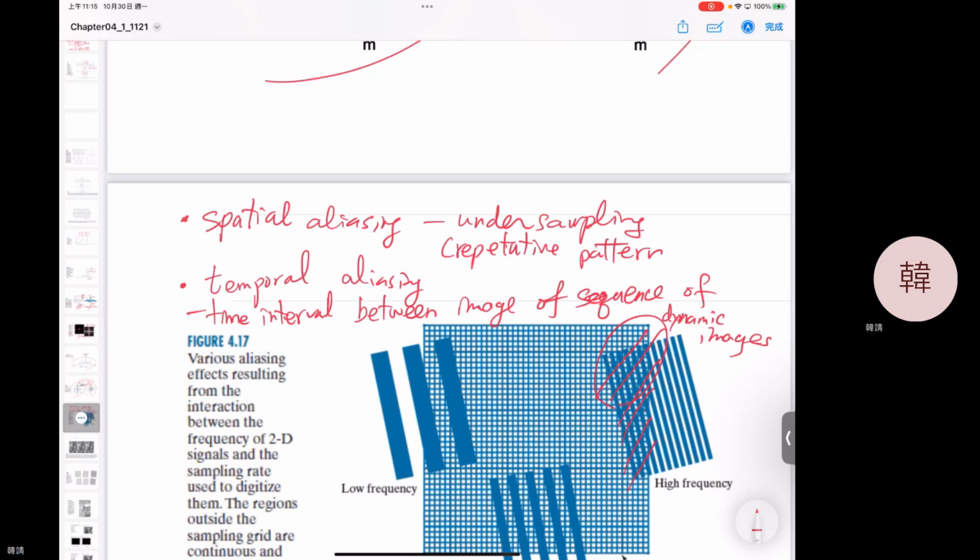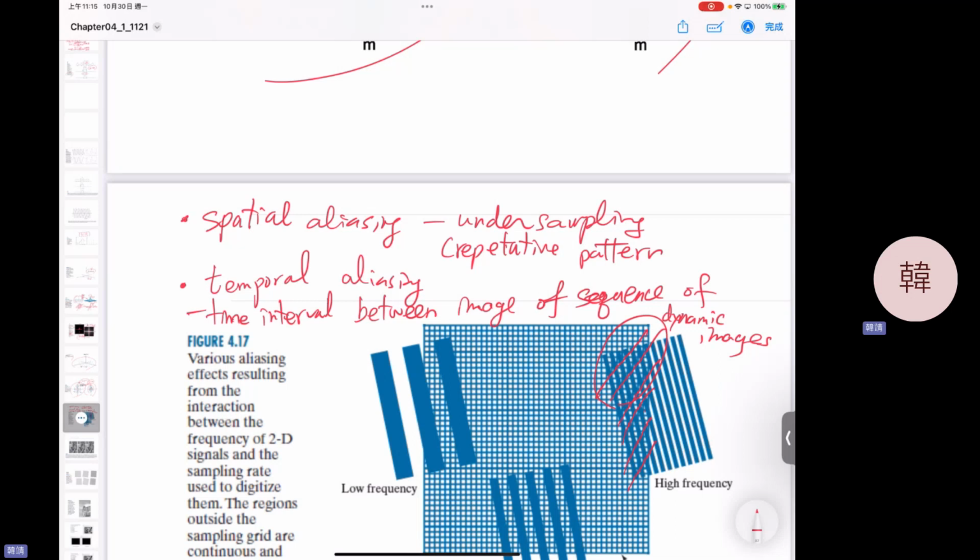So actually, this image is spatial, it's very easy. We will see more examples of the aliasing effect. But if your image is a sequential image, like a video, you will see a lot of this kind of pattern. Okay, so it's aliasing of the time interval between images of a sequence of dynamic images.